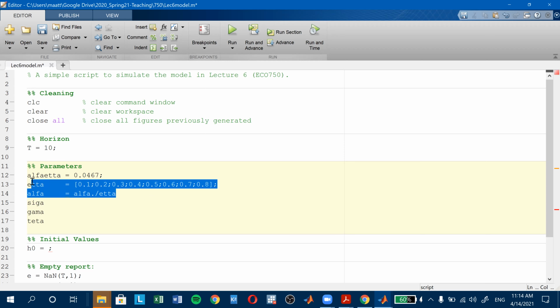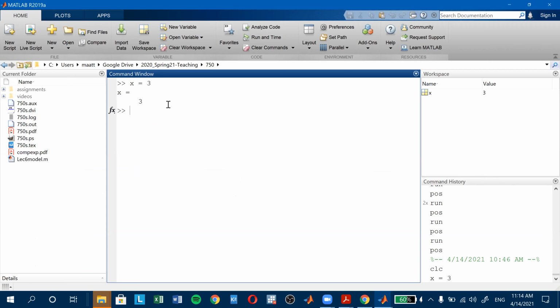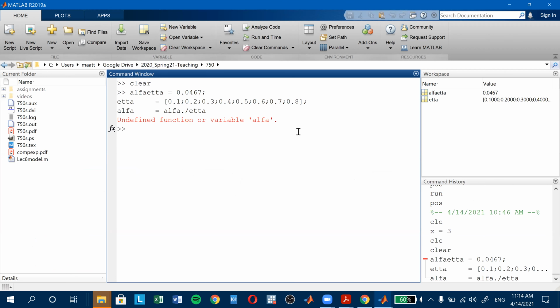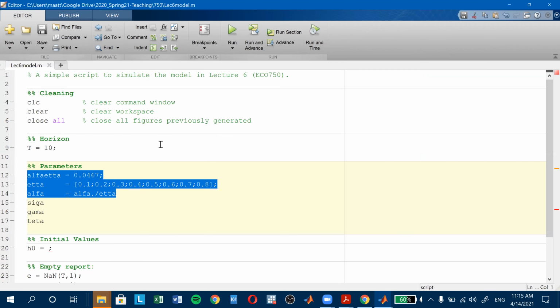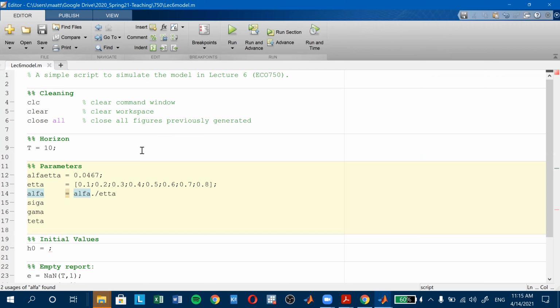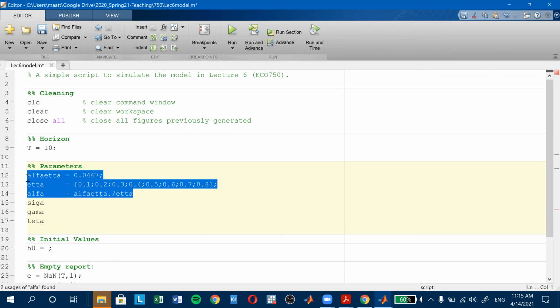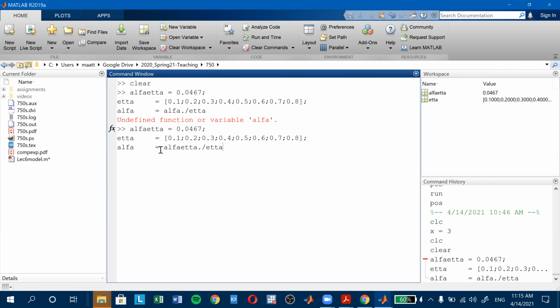Let me double check whether this works. You go to the command window, you clear all this, and it doesn't work, of course, because this is wrong. It must be alpha eta divided by eta. So let's do it again.